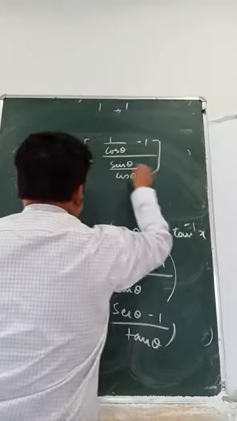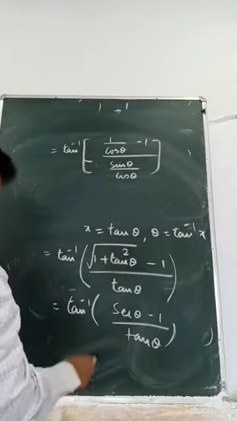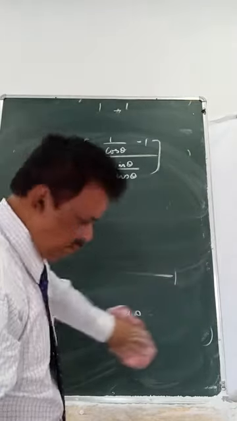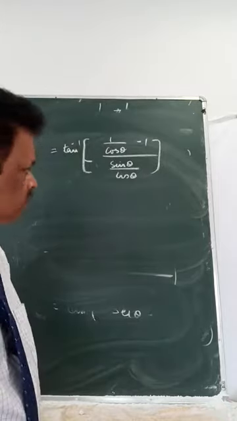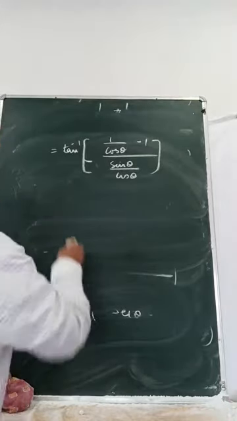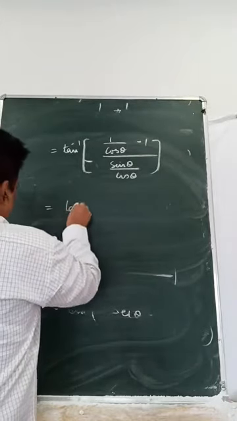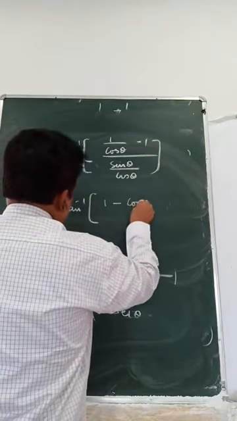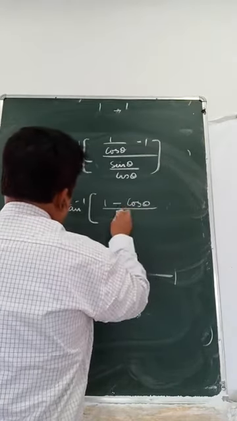Look at this, what are you going to do here now? So that will be tan inverse of 1 minus cos theta by cos theta.